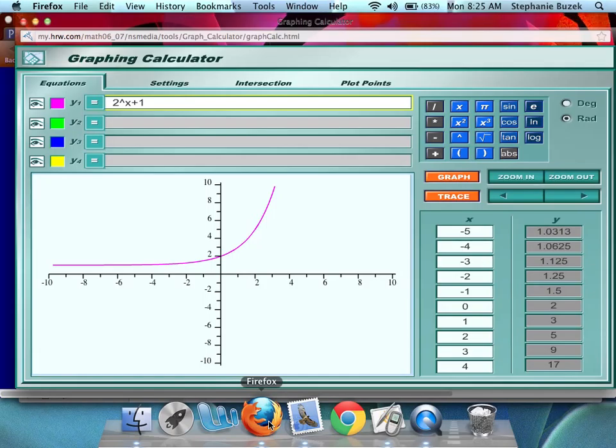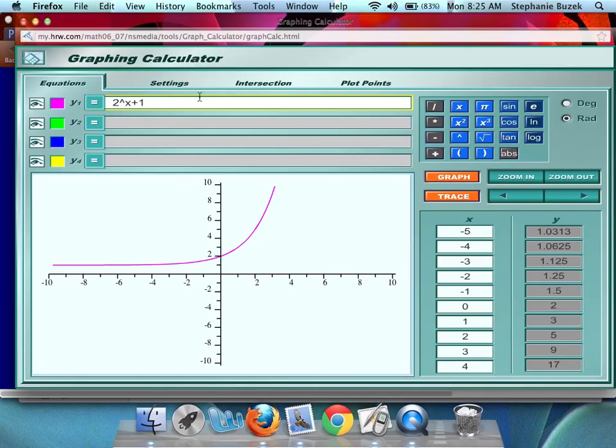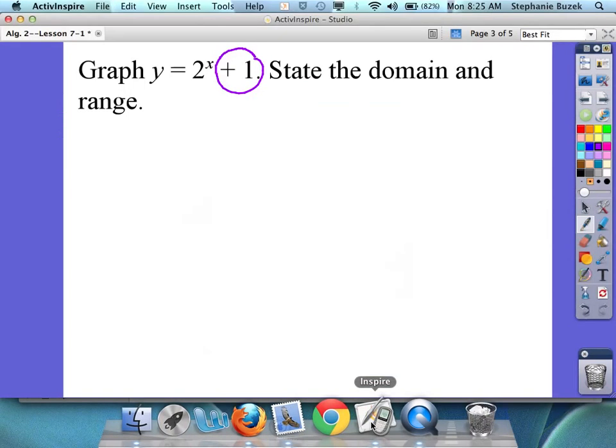So if this would have been plus 2, it would have shifted up how much? 2. See how that works? If it would have been 5, it would have been shifted up 5. So it's whatever that number is, and that's going to tell you what it shifts. So what is that going to change when I'm factoring in my domain and range?